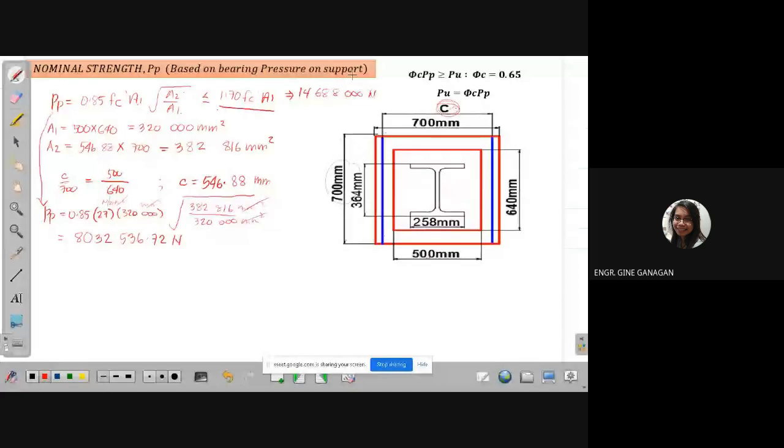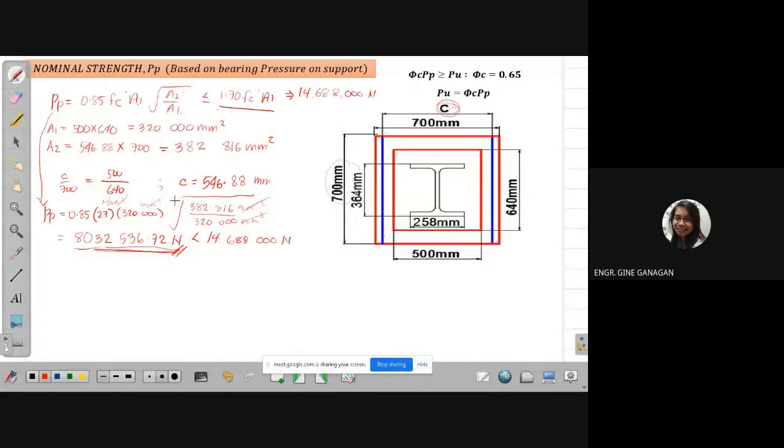Check. So, that is 8 million. Okay, so pasok siya. That is less than our 14,688,000. So, ito yung kukunin natin P. Okay? Ito yung kukunin natin.